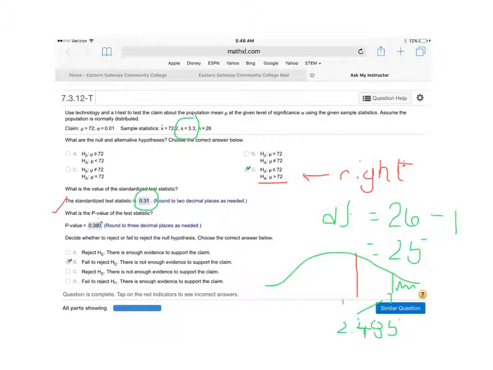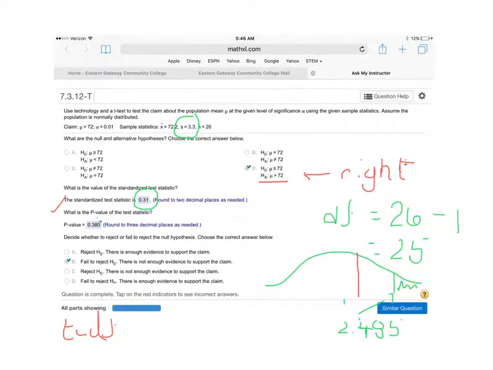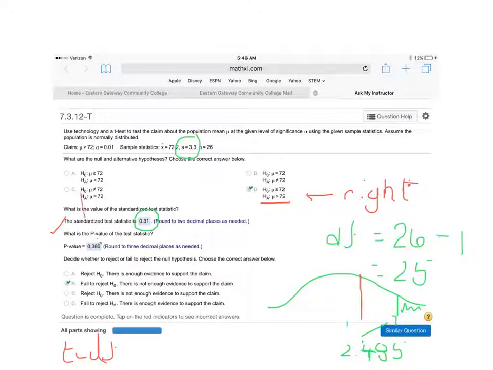Now, the only means we have of finding the p-value here is to use technology. If you have a TI-83 or a TI-84 calculator, you can use your tcdf command. With tcdf, you give the lower boundary, upper boundary, and degrees of freedom.